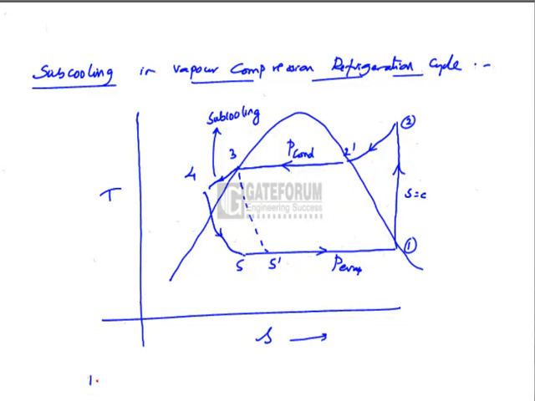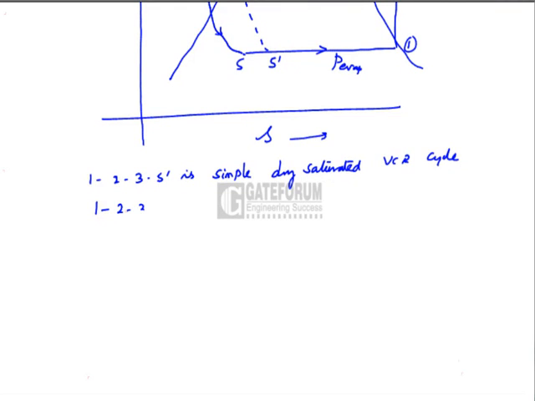So I can say 1, 2, 3, 5 dash is the simple dry saturated VCR cycle as we had discussed earlier. 1, 2, 3, 4, 5 is the subcooled cycle.